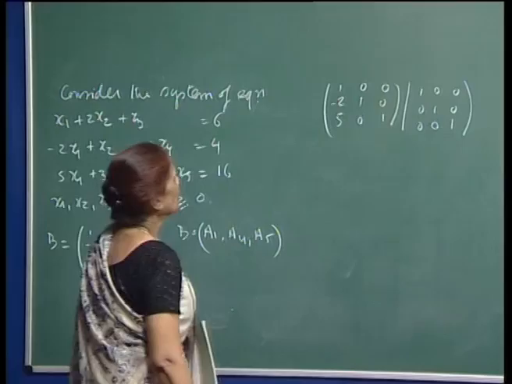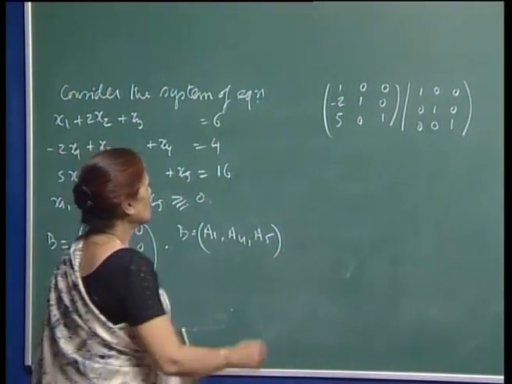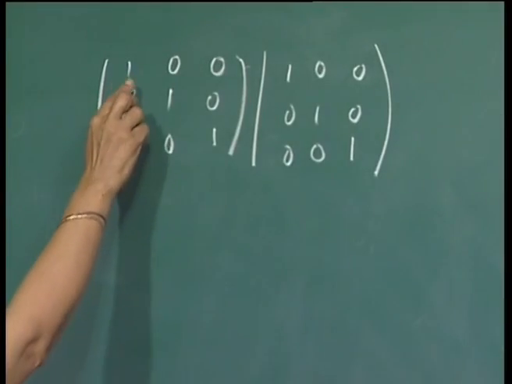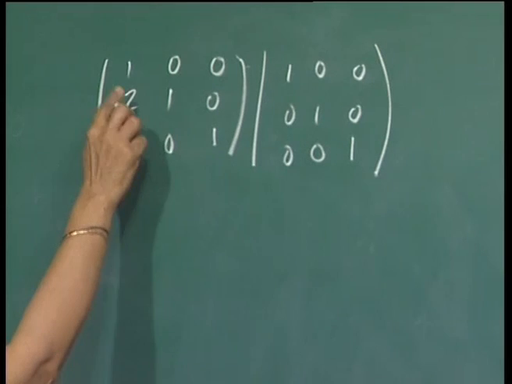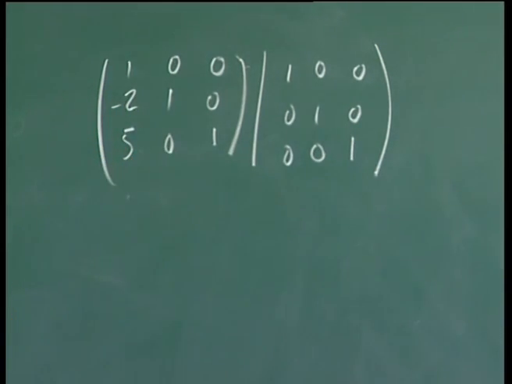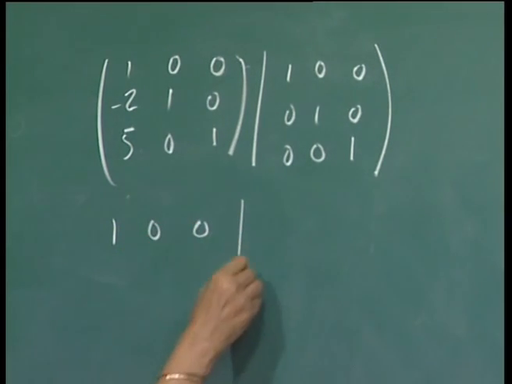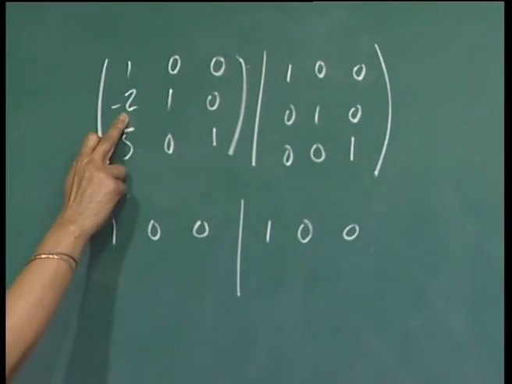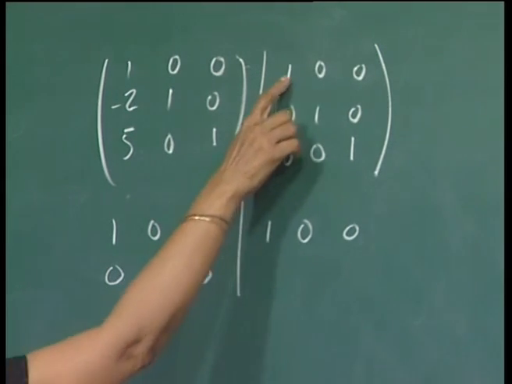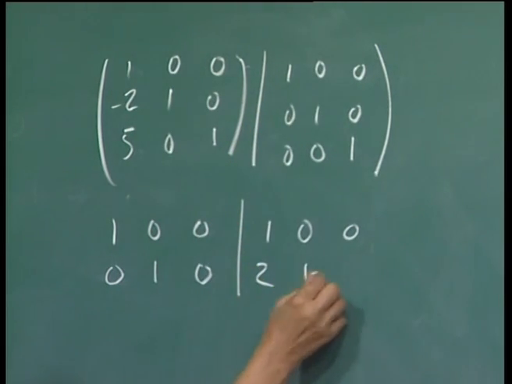You want to simply reduce this to the identity, which means that twice the first row you add to the second row, and 5 times the first row you subtract from the third row. I will do both operations in one go. The top row does not change: 1 0 0. Then twice this you add here, giving 2 1 0.